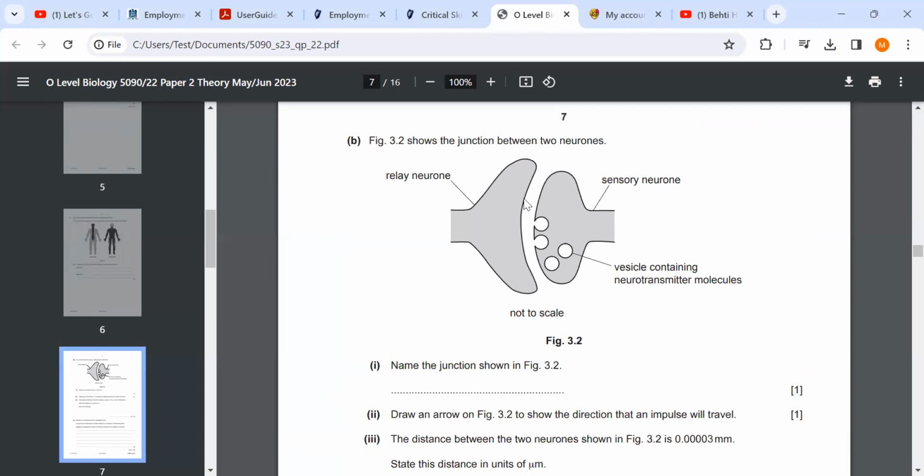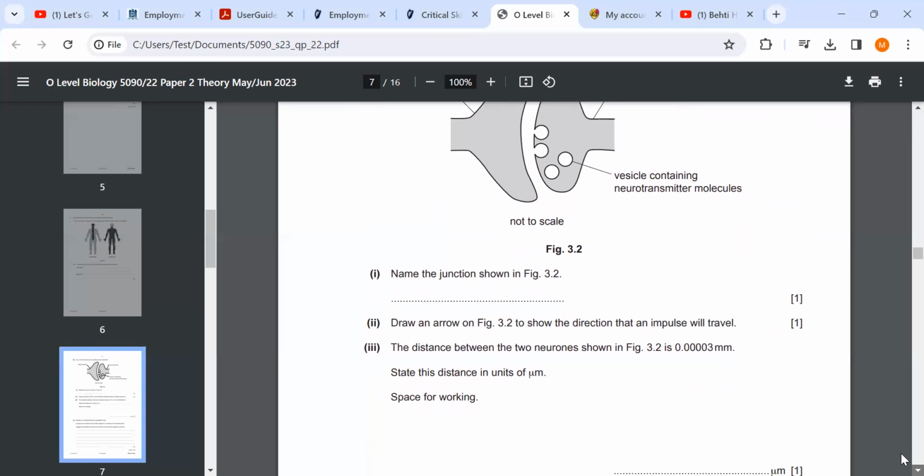The synaptic cleft shows a gap between the neurons by which these molecules can easily diffuse from one neuron to another, and the direction in which the impulse will travel is from here to here. This is the presynaptic membrane, this is the postsynaptic membrane, so they will just diffuse along.